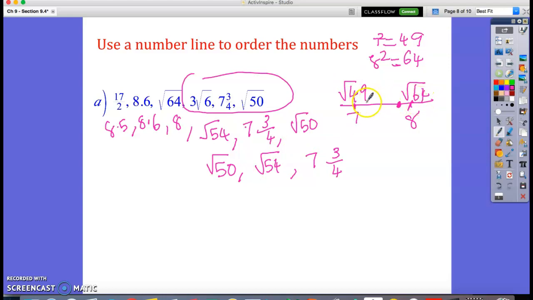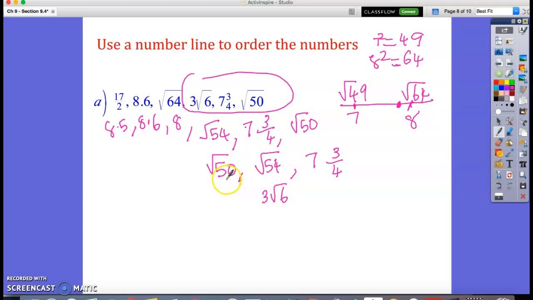So I would say 7 and 3/4 is bigger than square root of 54, which is 3 square root of 6, right? So now we figured out this part, right? So which is the smallest one?